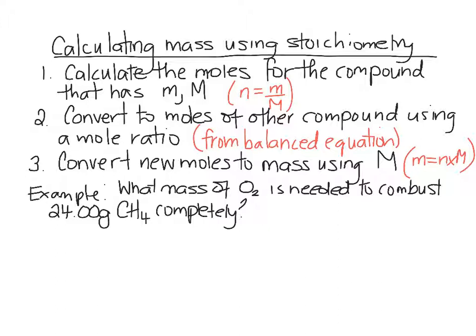So if they don't give you a balanced equation, you've got to write out one. So CH4 plus O2 makes carbon dioxide and water.